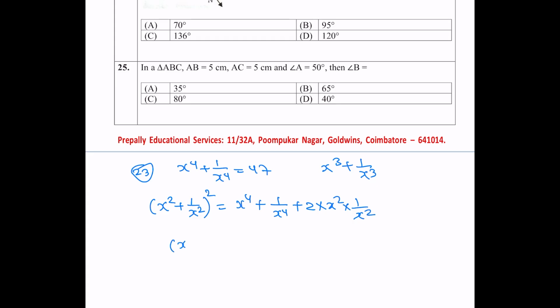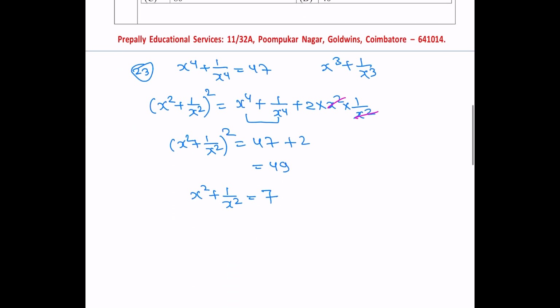So what is this value? (x square plus 1 upon x square) whole square we can write, in place of this thing we can write 47. Now this x square cancels out, so this thing we can write as plus 2, which is equal to 49. So x square plus 1 upon x square is equal to, because this square is 49, so this term is 7.